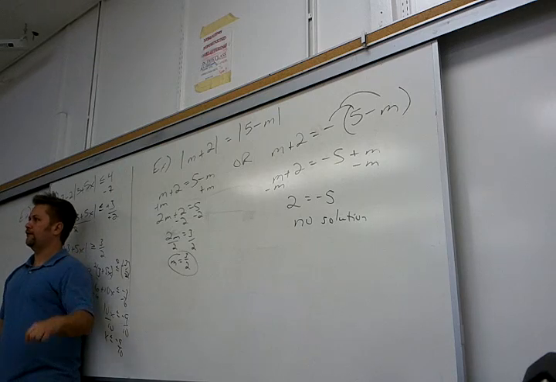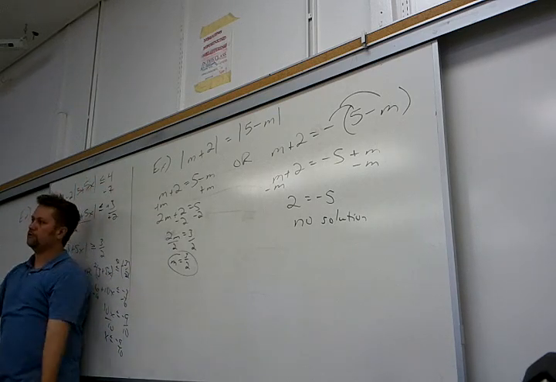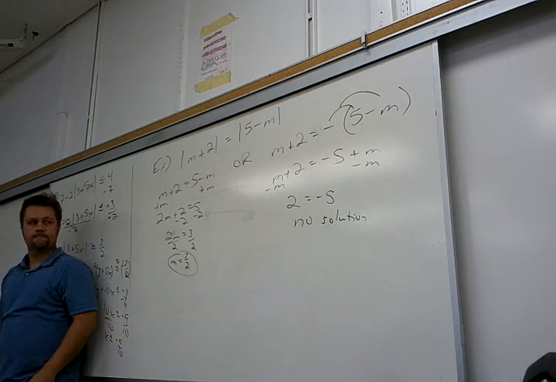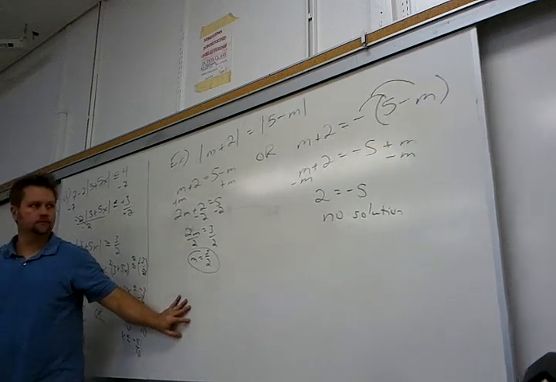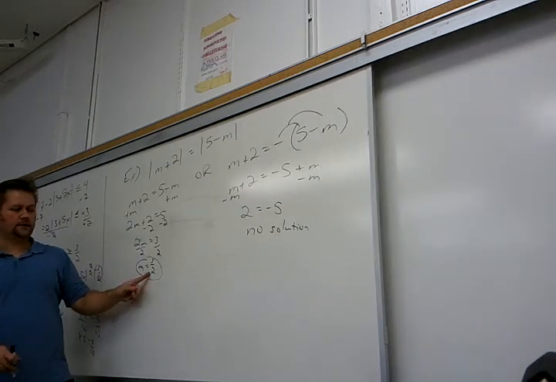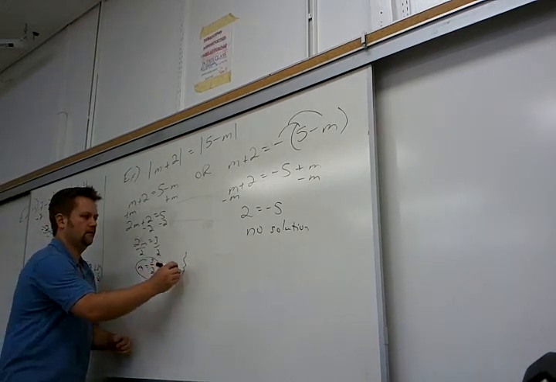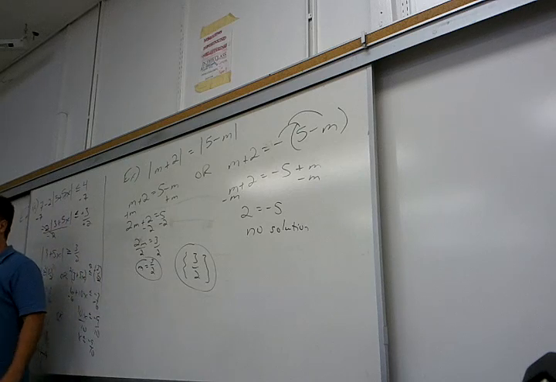So this could actually have an all real number solution also. If it had been 2 equals 2, that's always true. So be careful. If your variable wants to go away, let it go away. So here, the solution is 3 over 2. That's it. If you wanted to write that, put a little 3 halves. It's the only thing that answers.